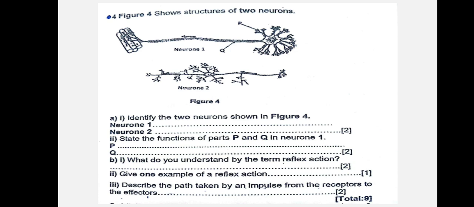Okay, so now you need to know some differentiating features or structures that differentiate motor neuron, sensory neuron, as well as interneuron or relay neuron. So now, before we even give a verdict to this question, we are going to look at three different types of neurons, and then come back to tackle this question.